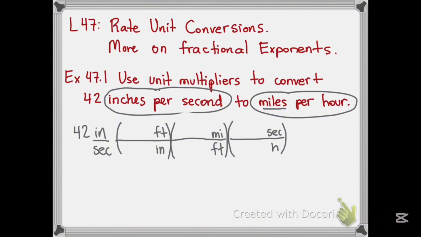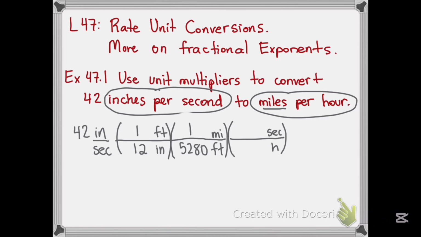So remember, you have to have these memorized. I'll just remind you here as we go. But 1 foot equals 12 inches. So we put it that way. Then 1 mile equals 5,280 feet.